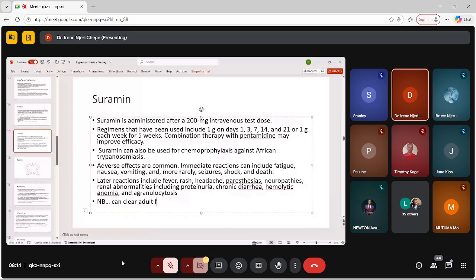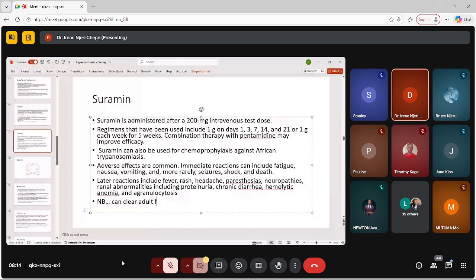Now we have the other drug that we can use for trypanosome infection, and we talked about eflornithine, which we were reminded we have seen previously in dermatology, where we've just been told that for hirsutism we can use eflornithine.